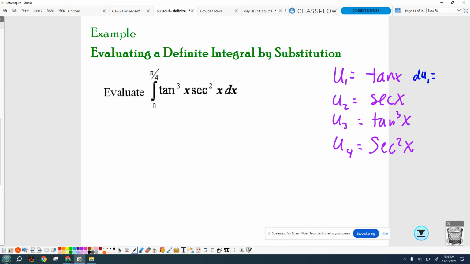What's the derivative of tangent? Okay, so if I did u to the third, I have du right there. So this one will work. If I do secant, what's the derivative of secant? Secant tangent?